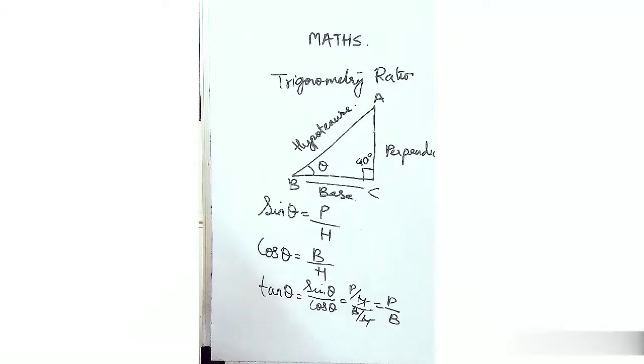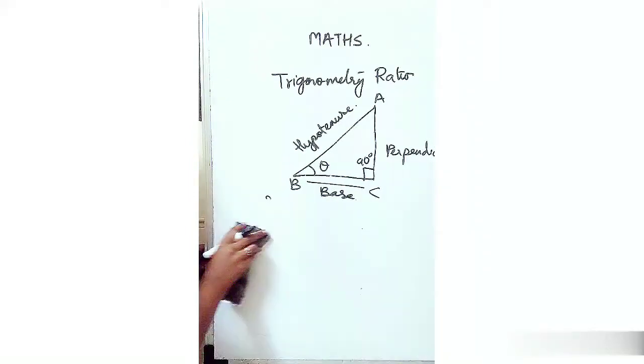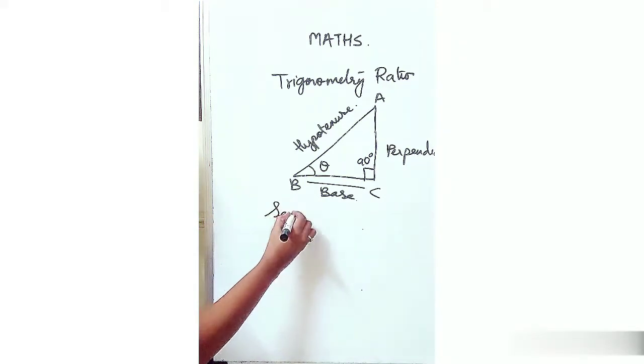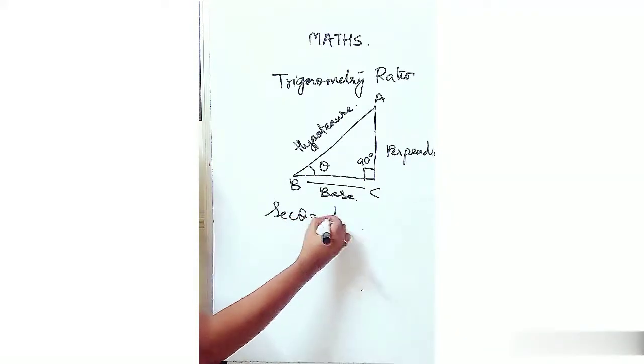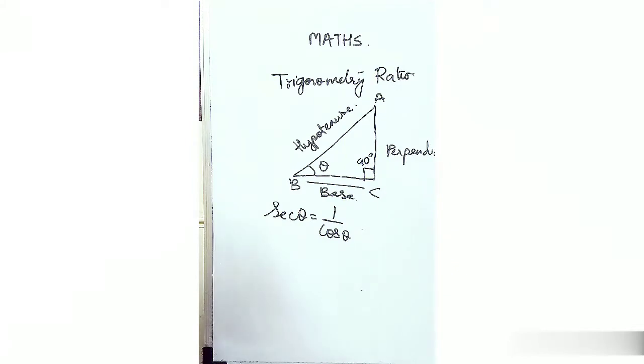Now we'll move to the other ratios. What are they? The first one is sec theta. What is sec theta? It is 1 upon cos theta. And what is cos theta? Cos theta is base upon hypotenuse.